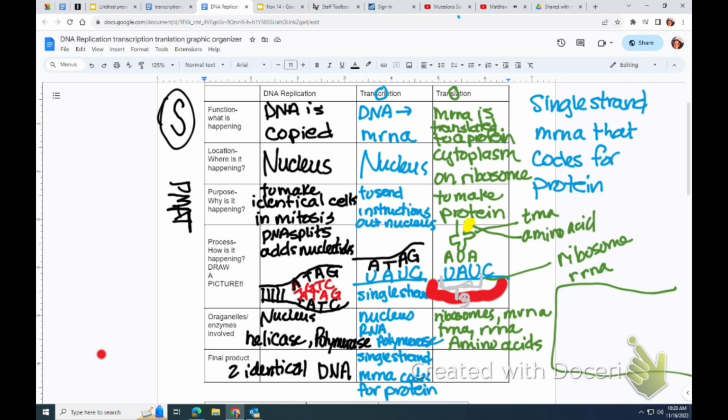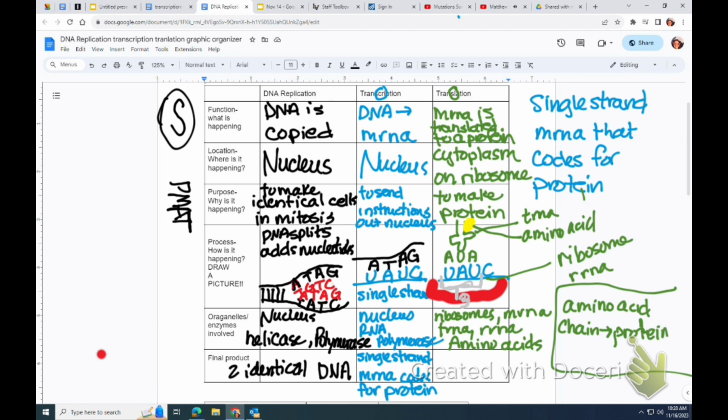So the final product here is an amino acid chain, which makes a protein.